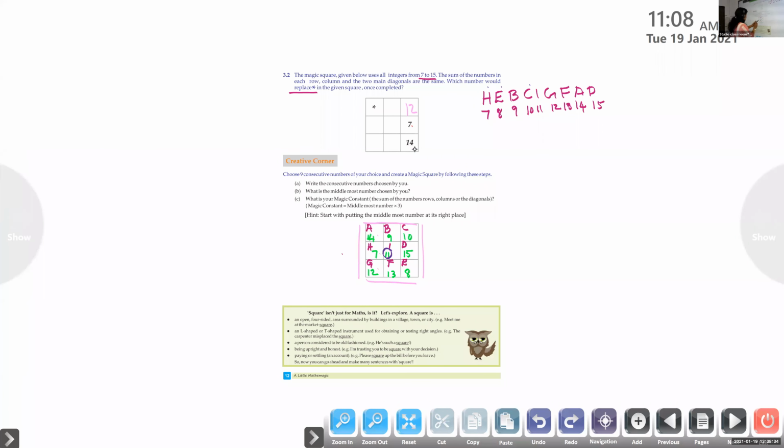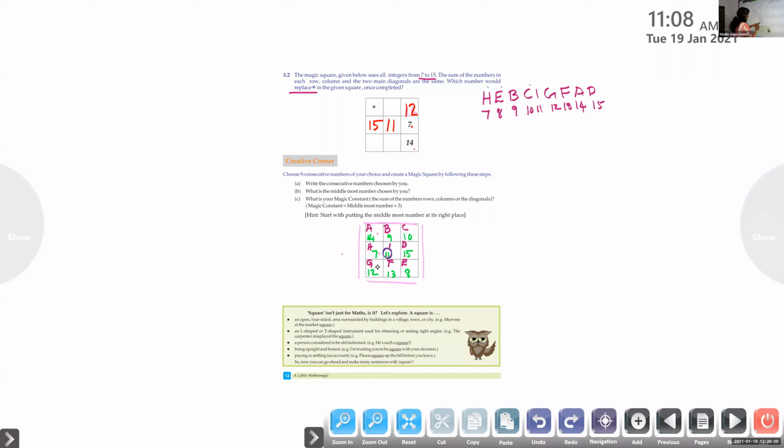Which is the number remaining? 12 in that column. So there you fill 12. Then along with 7, what is there? 11 and 15. Other one we have taken already. So with 7 we can fill 11 and 15.